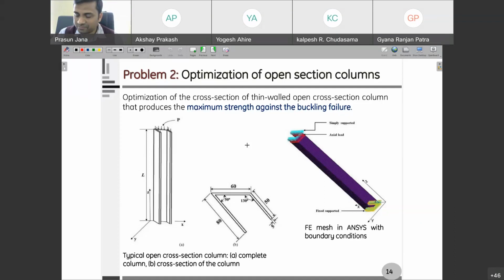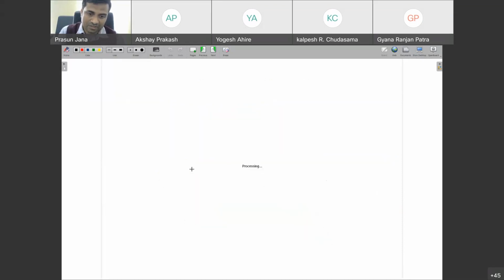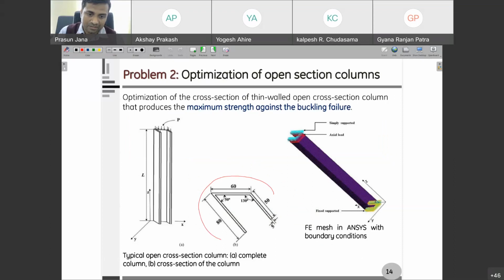So let us say what I want to mention. You can see if I go to the next slide. So here you can see how it is. So this is a typical cross section. So this cross section we are taking for the validation study first, and then we'll see what is our parameterization.